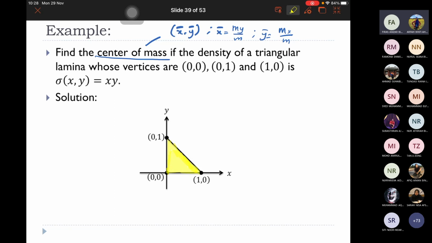So kita nak tengok dekat mana dia punya center. So let's say center dia dekat sini. Okay. Tapi apakah titik of the center? So apa equation for this line? Equation for this line. Dia dapat tak? The equation for that line.